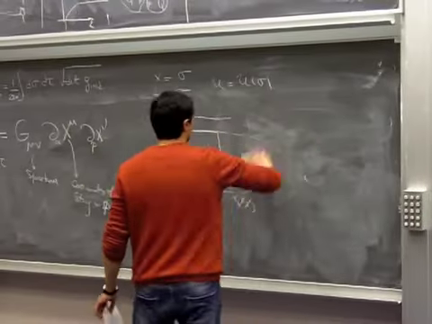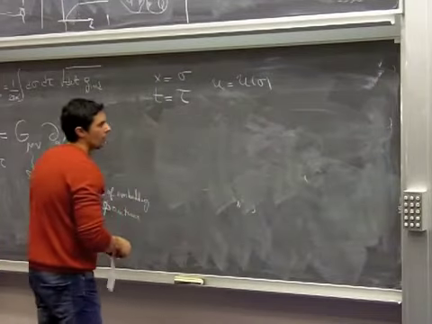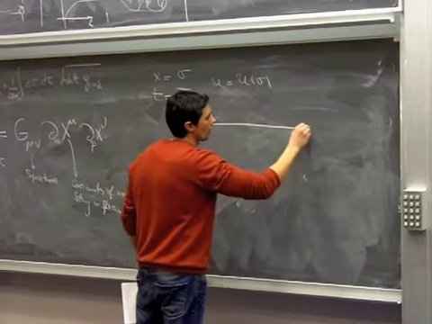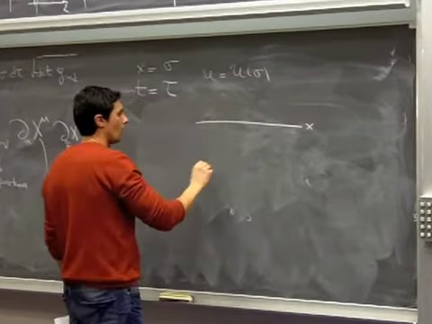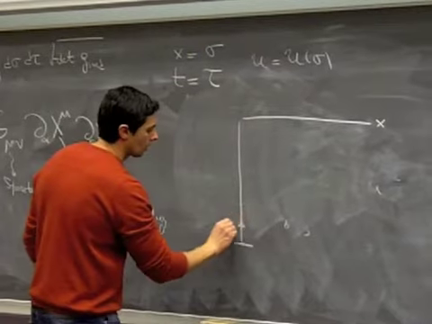So let me try to redo this plot in a slightly different way. I'm going to plot here the x direction, and here this radial coordinate u.